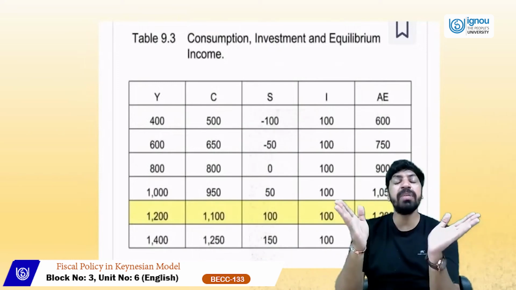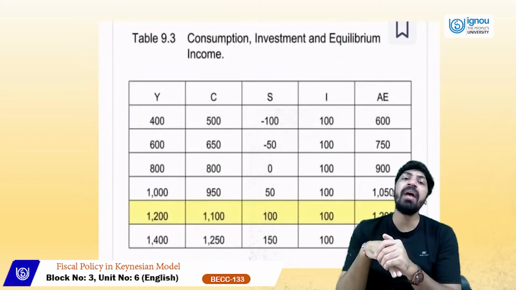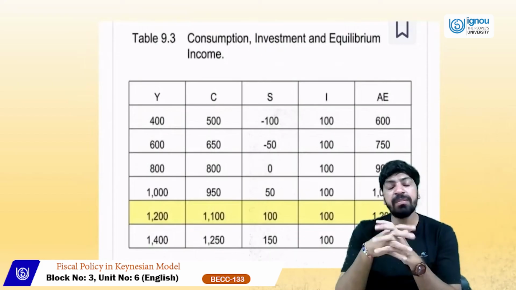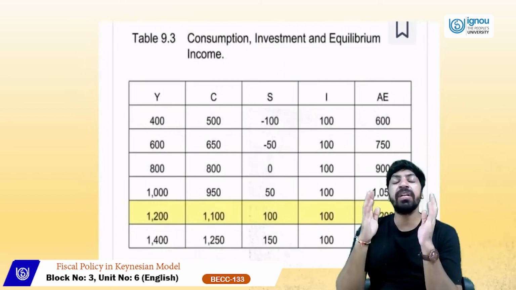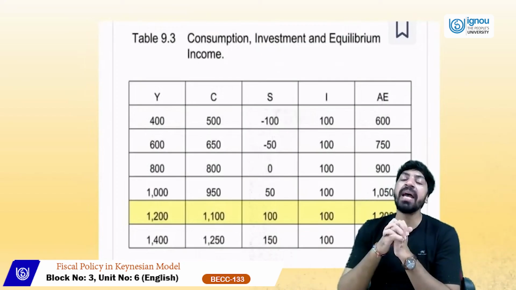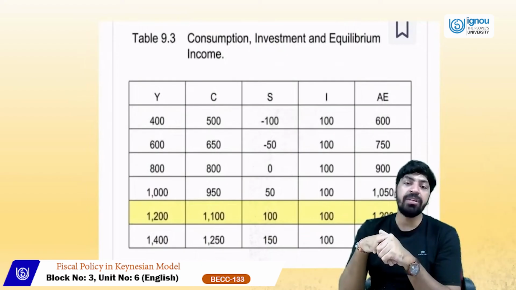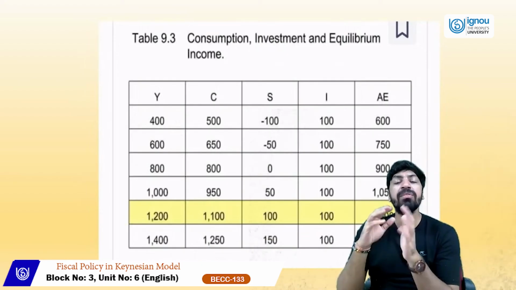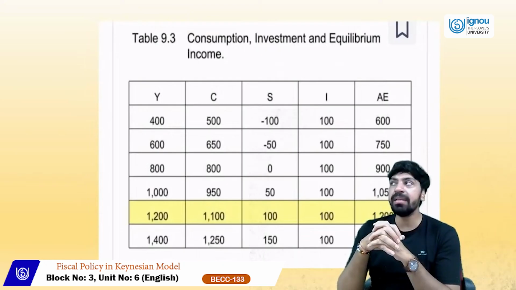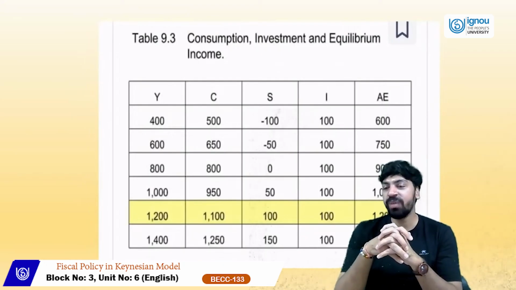So how will it be shown? Let's begin. Your income and consumption are always given. Savings you need to calculate. What is the formula for saving? Y minus C. Just put the values into the formula, and you will get the saving values in the saving column: minus 100, minus 50, 0, 50, 100, and 150.